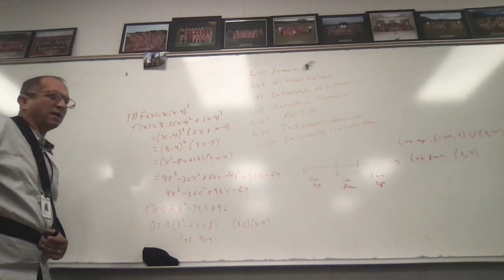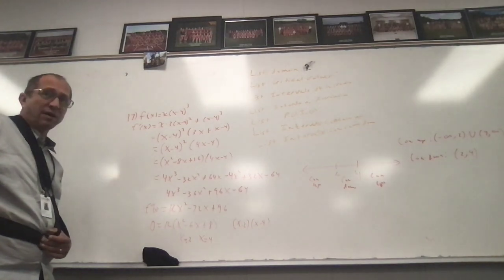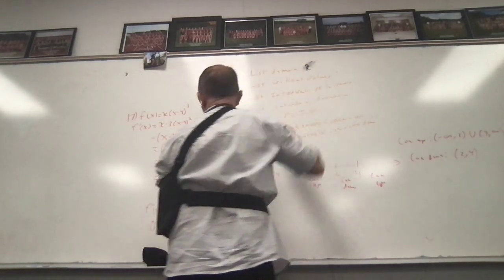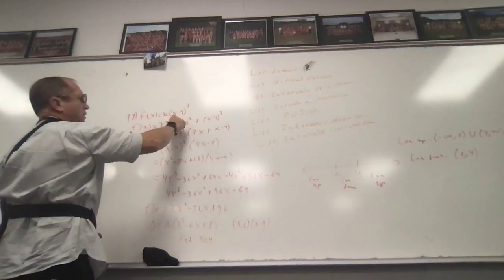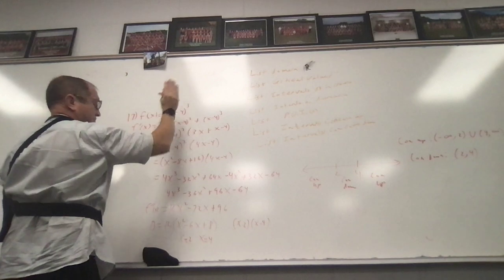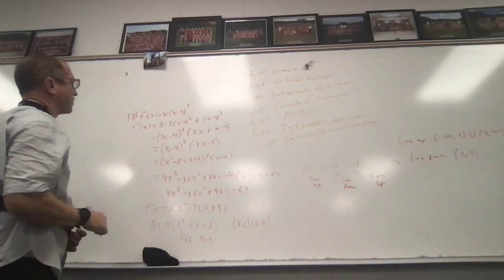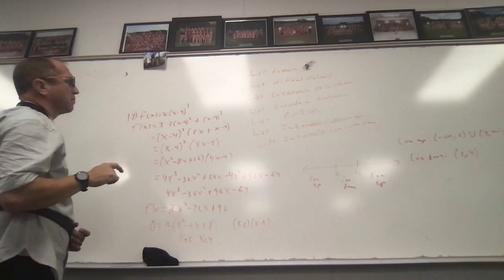Well, that function is defined everywhere, isn't it? So my domain here is going to be all real numbers. Now, if this had been like the square root, then it would be defined at 4, but it wouldn't be defined for any value that was less than 4. So we're good as far as the domain is concerned.